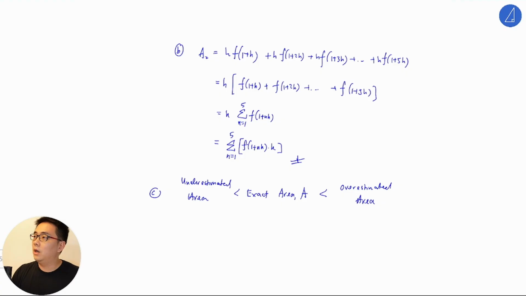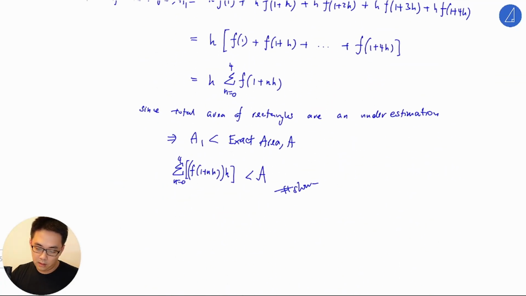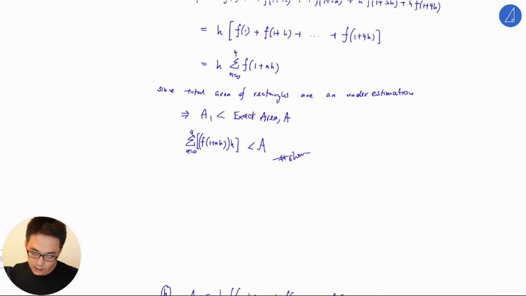Overestimated area, is it? So this is another conceptual question. You realize it's difficult. It's not because a lot of calculation is needed, but rather you have to have a strong concept when it comes to Riemann sum. So this is A2, right? A1, is it? Yeah, this is A1.